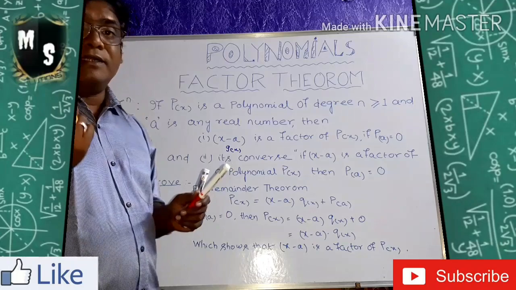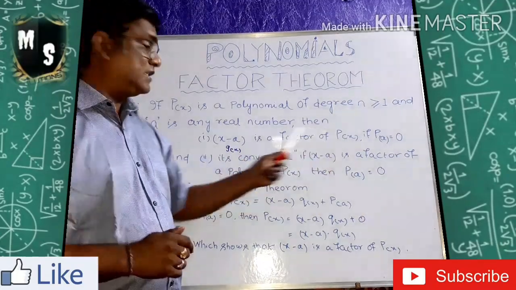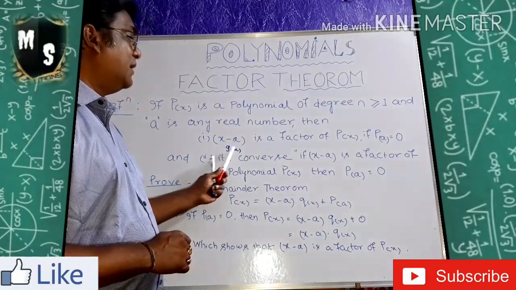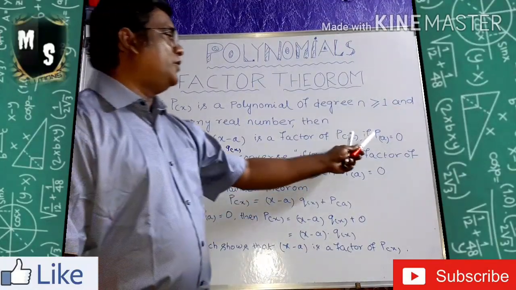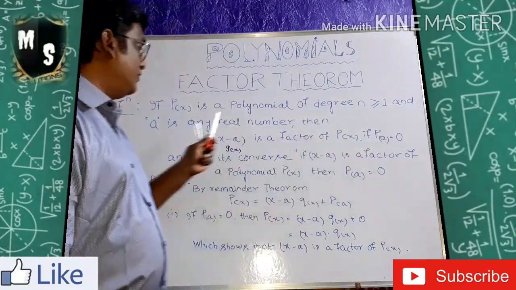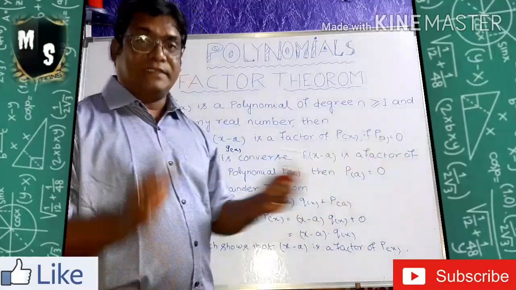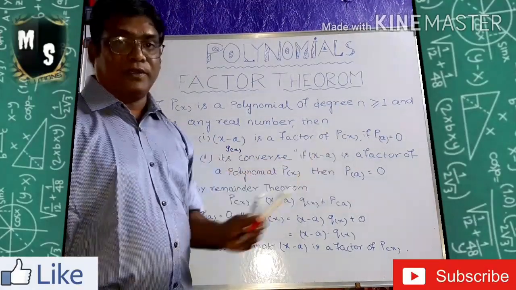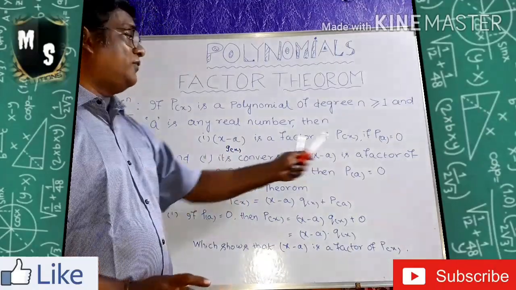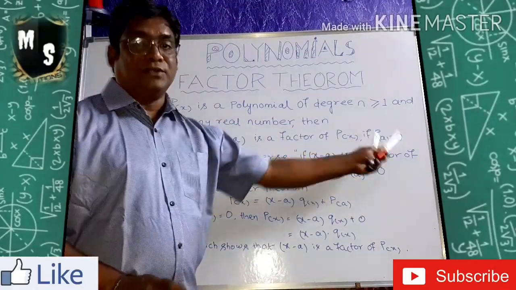Under one condition, x minus a is a factor of polynomial p(x). That means g(x) will be a factor of the polynomial p(x) if p(a) is 0, that is, if you put the value a in the polynomial and it gives you 0. Only then will this x minus a be a factor of this polynomial. The g(x) will be a factor of p(x). That means we can divide the two and the remainder will be 0.